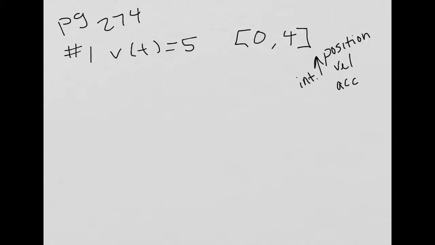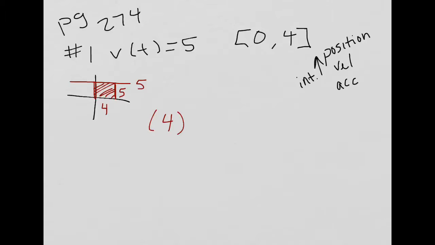So my graph, if I wanted to graph it, would look like this. V of t equals 5. So it's a horizontal line at 5. And if I want to know the area from 0 to 4, I'm doing basically a rectangle.